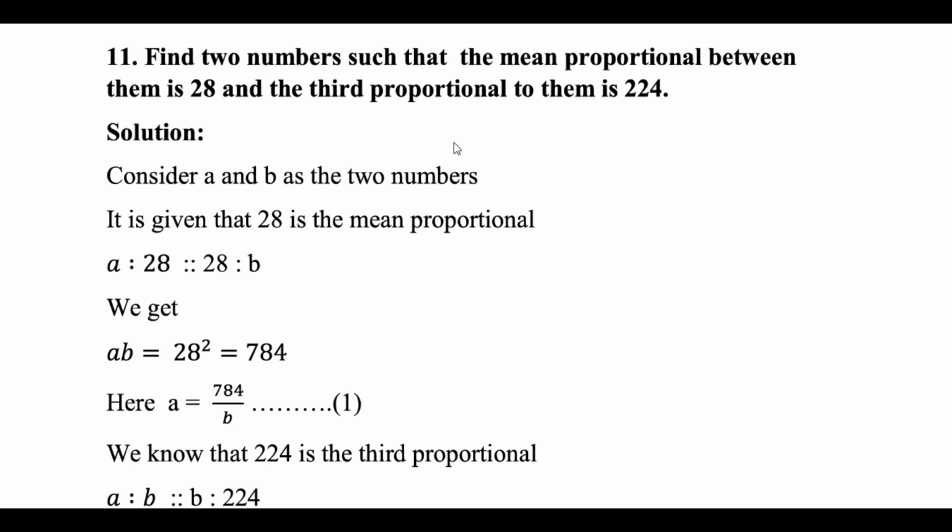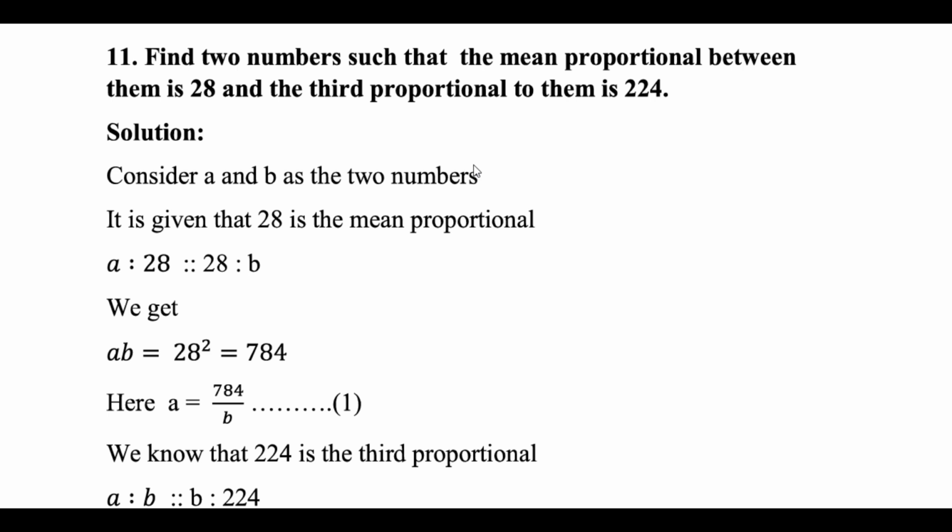Find two numbers such that the mean proportional between them is 28 and the third proportional to them is 224. So consider A and B are the two numbers. It is given that 28 is the mean proportional.